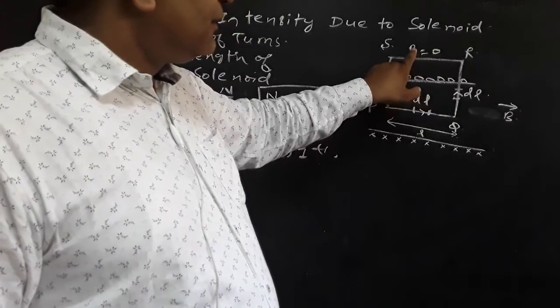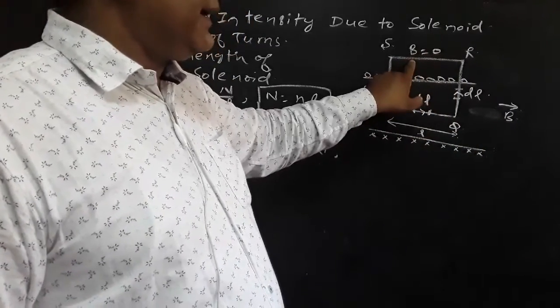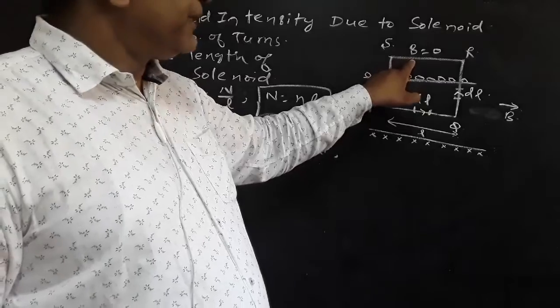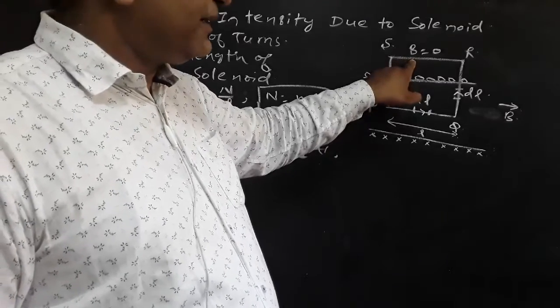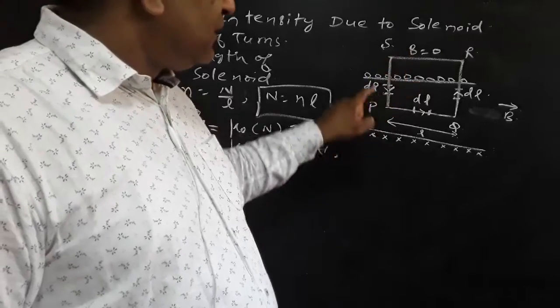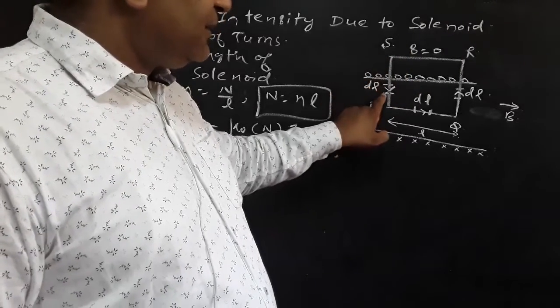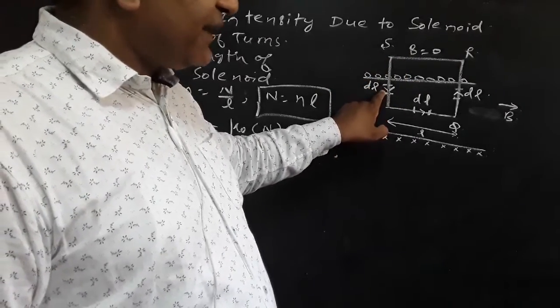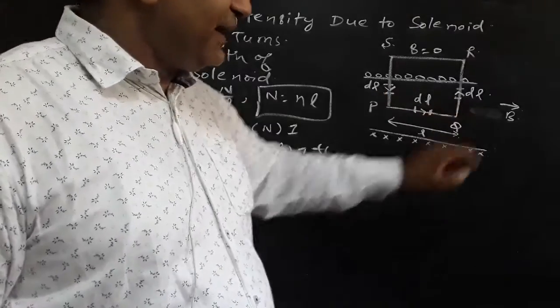For RS, it is outside the solenoid. I told you earlier that outside the solenoid the magnetic field is 0, so B will be 0. For SP, the direction of the length element dl is perpendicular to the direction of the magnetic field.